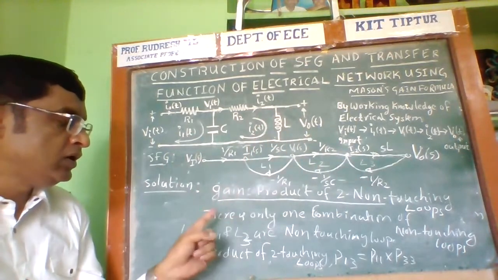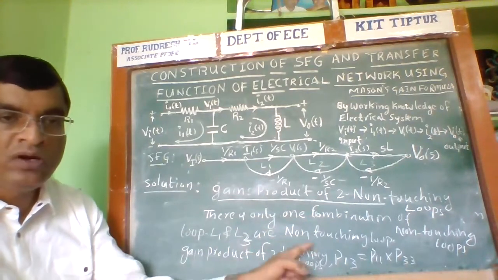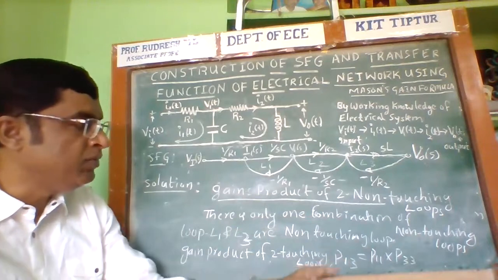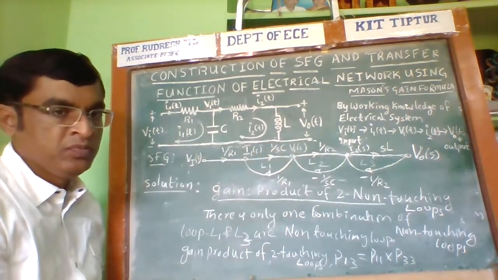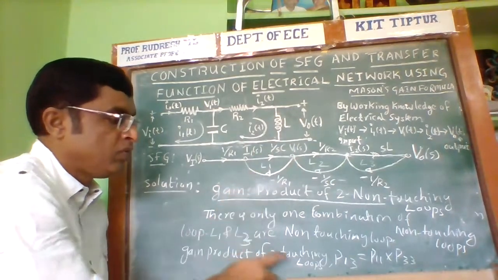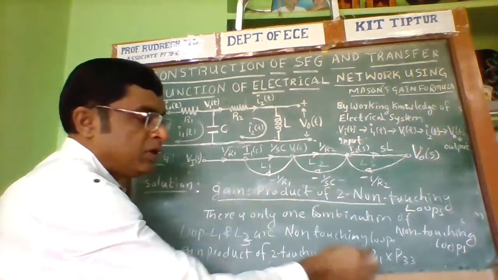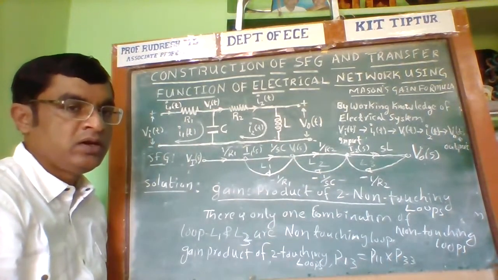The gain product of the two non-touching loops, P13, can be calculated by the gain of this loop P11 multiplied by the gain of this loop.